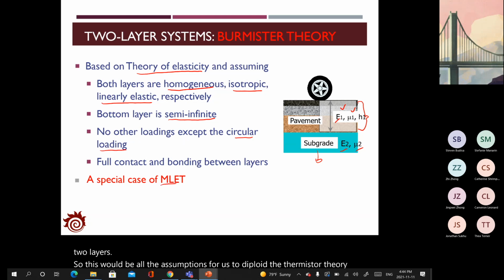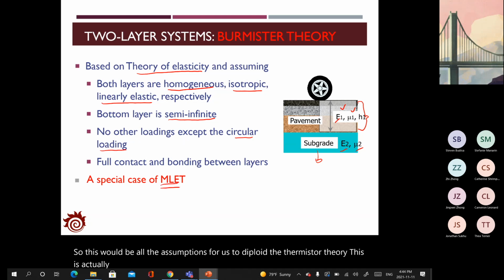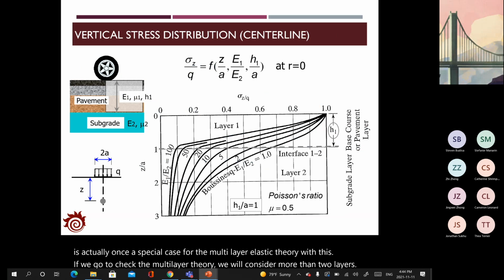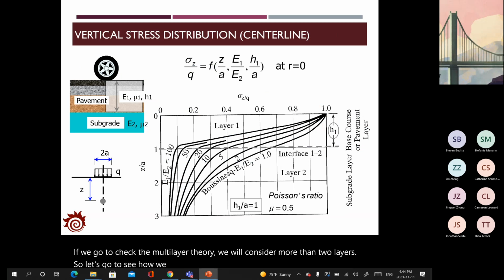This is actually one special case of the multi-layer elastic theory. If we go to the multi-layer theory, we will consider more than two layers. So now let's see how we're going to use the Burmister theory to estimate the stress and strain under the two-layered pavement structure.